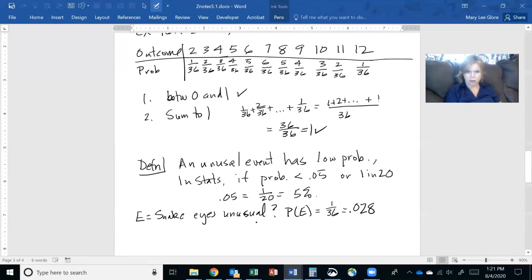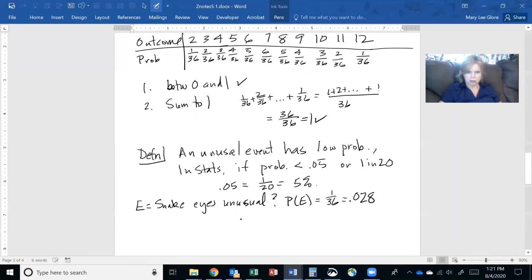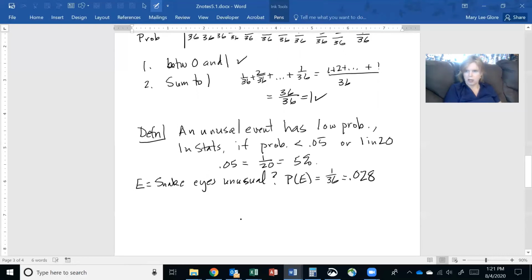All right, so is that unusual? Well, 0.028 is less than 0.05. So yes. Since 0.028 is less than 0.05, we call it unusual.